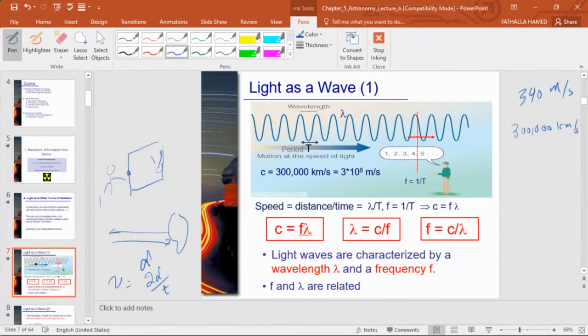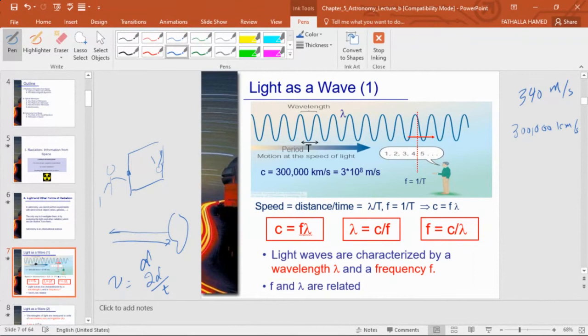It's very fast. So he was not able to measure any time, and he was trying to increase the distances and so on. So he came to the conclusion that it is impossible to measure the speed of light, or the speed of light is infinite.